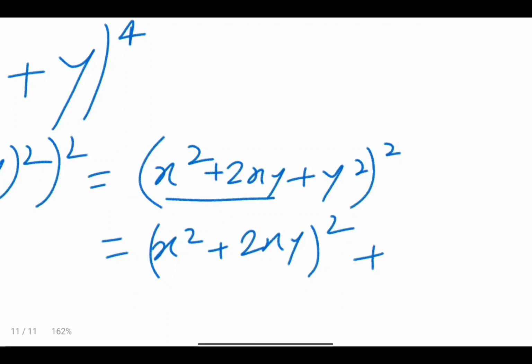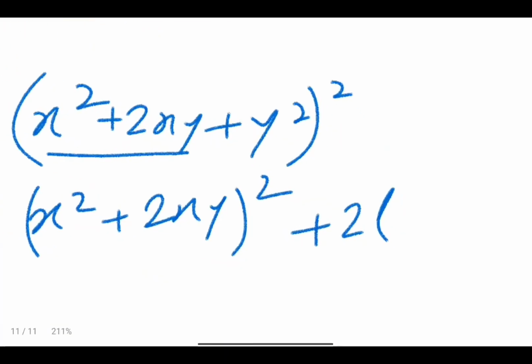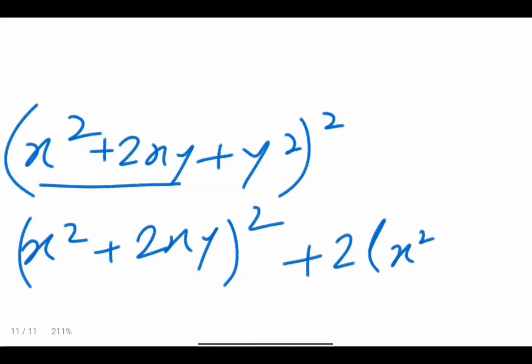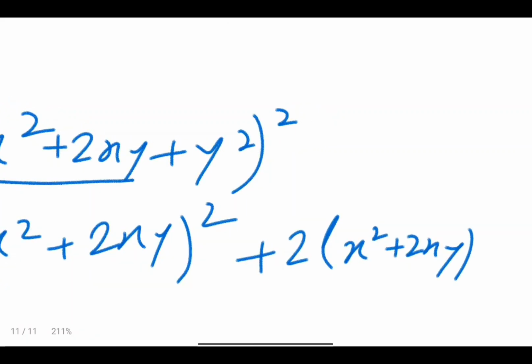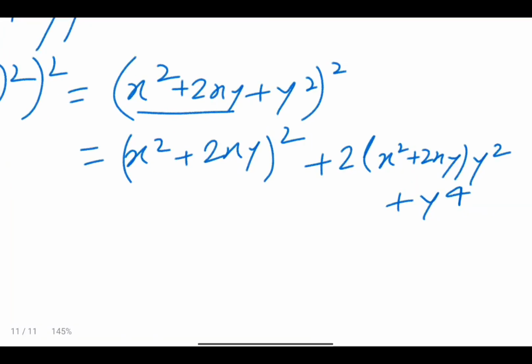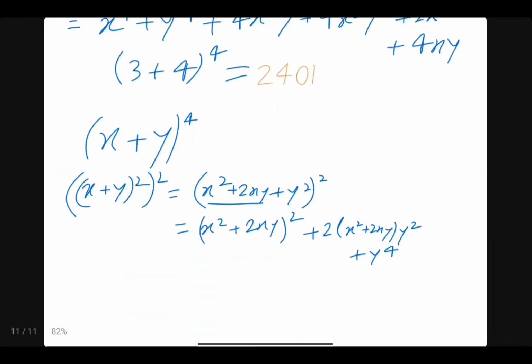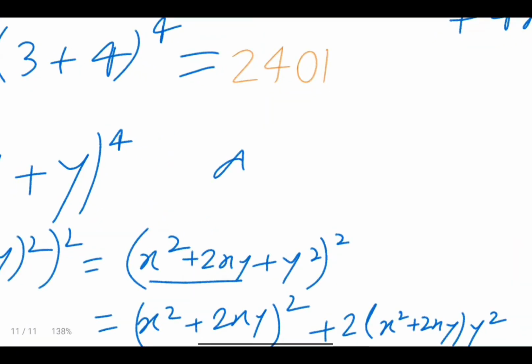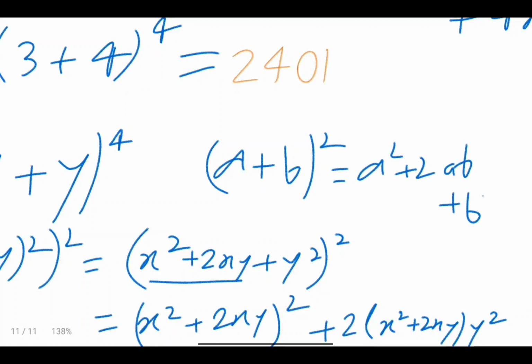2ab is 2 times x square, 2xy, y square and y to the power 4. So we're using the famous formula of a plus b whole square, which is a square plus 2ab plus b squared.